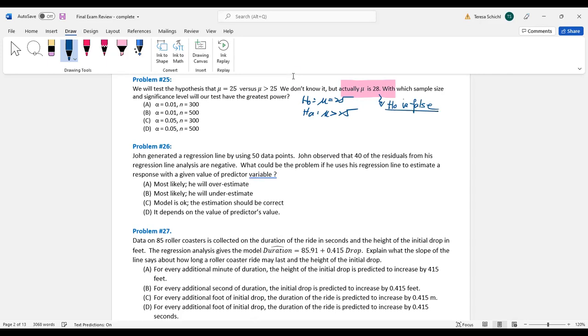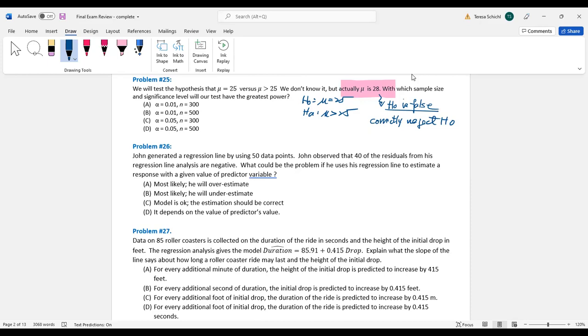We want the greatest power, and the power is when H0 is false and we correctly reject H0. That means we correctly reject H0 and support HA. So H0 is false. Let's take a look here.